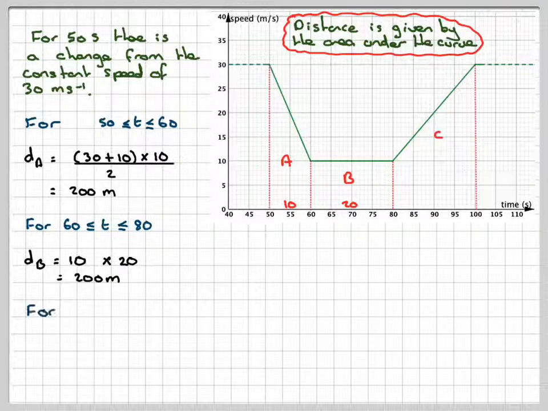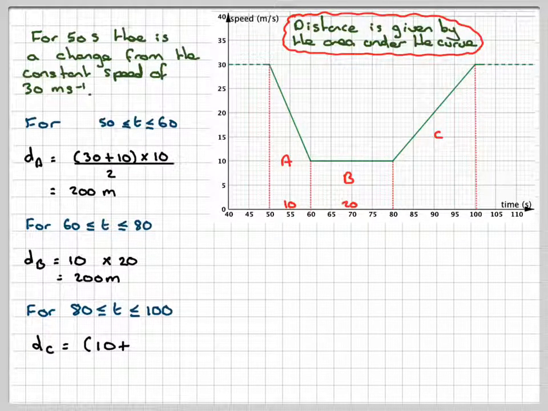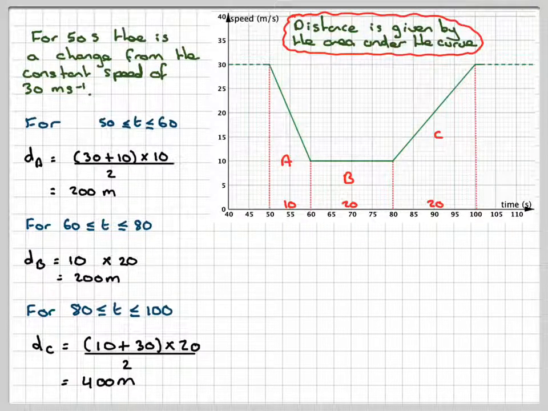In the final section, from 80 to 100, the distance is 10 plus 30 times the number of seconds, which is 20, divided by 2. So that gives me 400 metres.